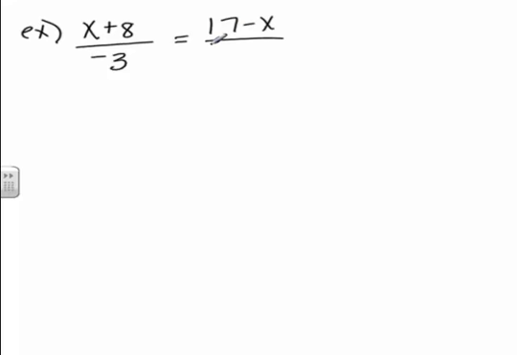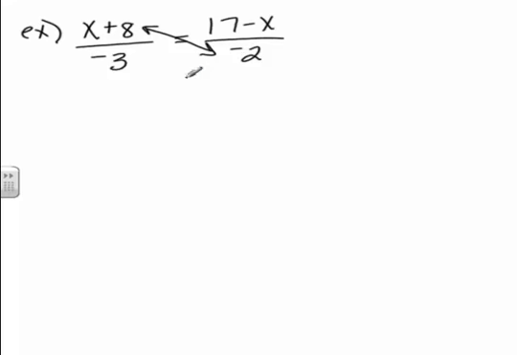Scroll on down. What if I had, let's step it up a notch. What if I had x plus 8 over negative 3, and that equaled 17 minus x all over negative 2. All right, so how do we solve this proportion? We are going to cross multiply these two terms together.